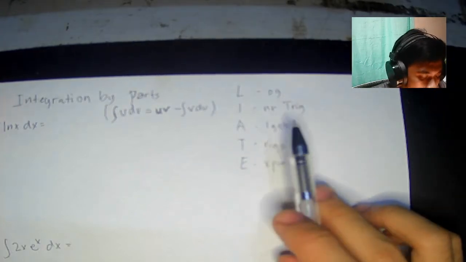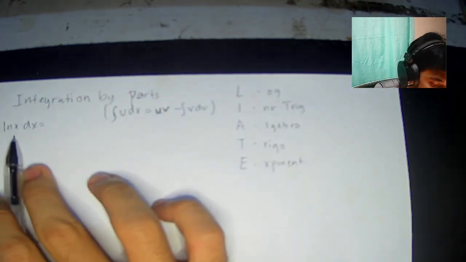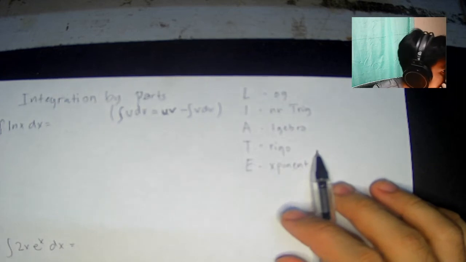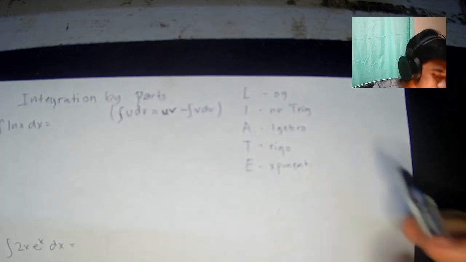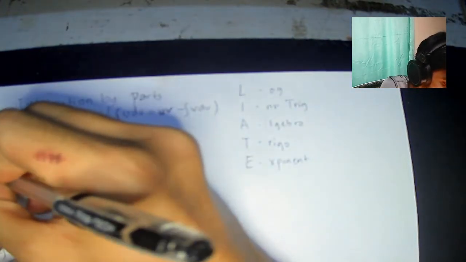In this case, we have a logarithm here and an algebra term here. So we'll use ln x as u. We'll have u, du, v, and dv.